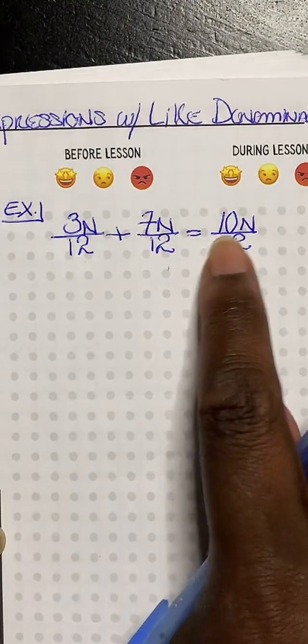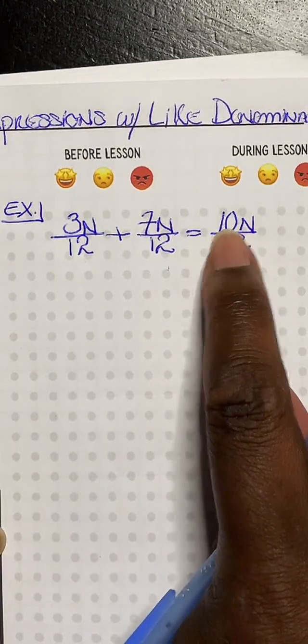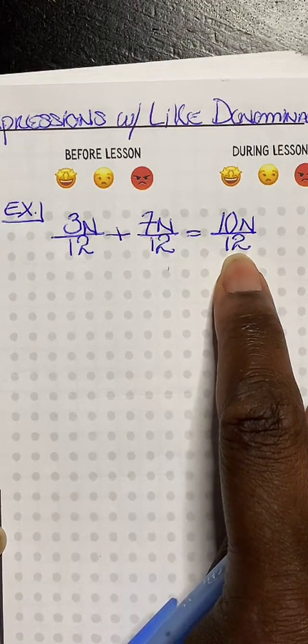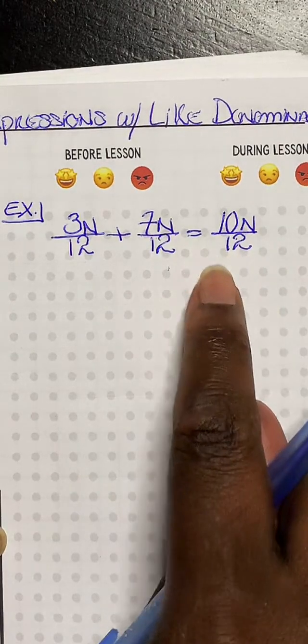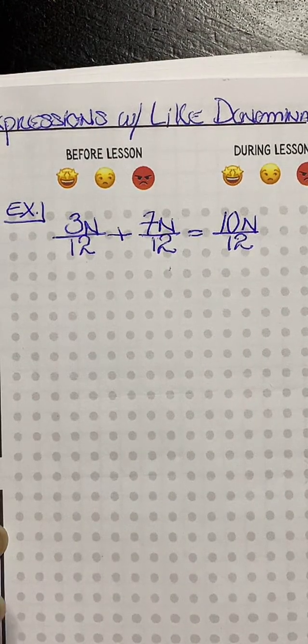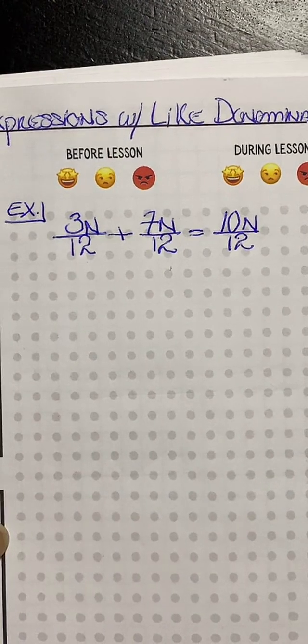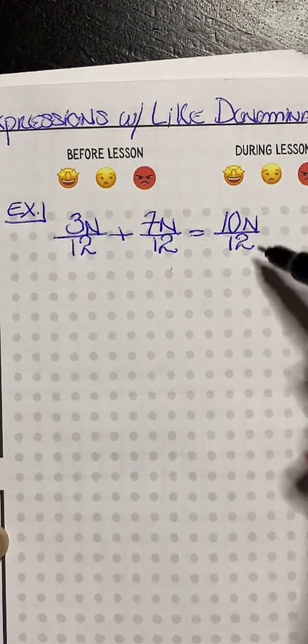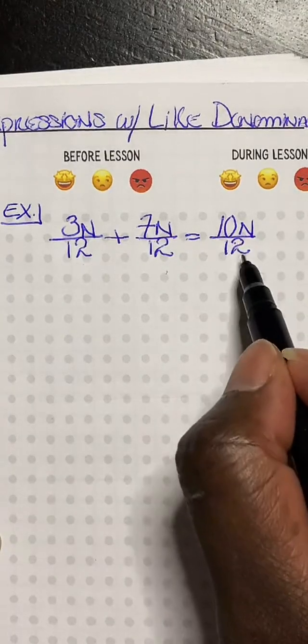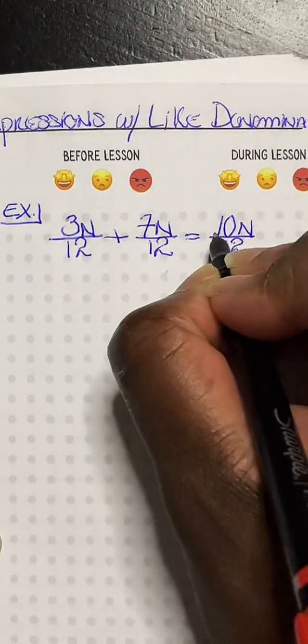Now, since 10n is the same as saying 10 times n, and 12 is the only thing in your denominator, we can simplify, because we actually have two monomials right here. What 10 and 12 have in common is 2.